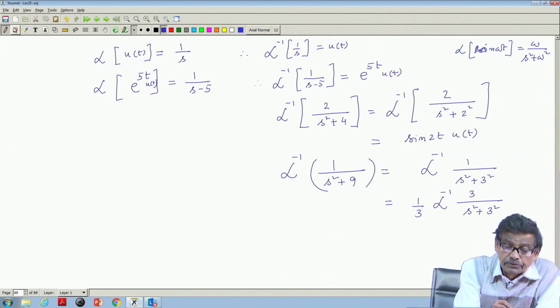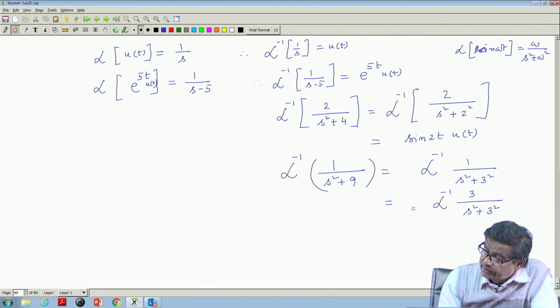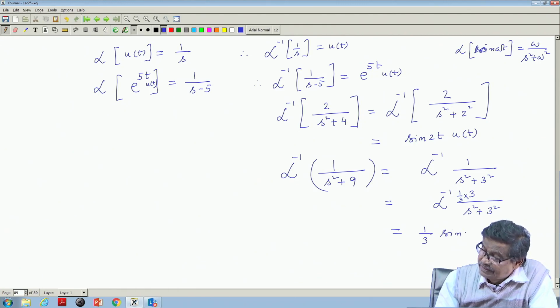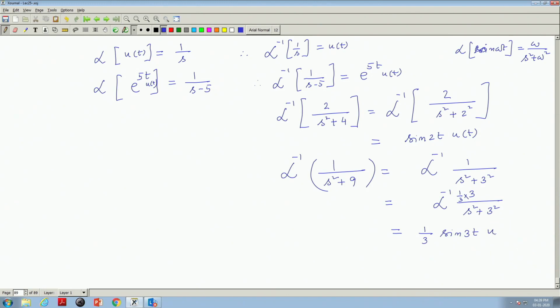What I am doing here, I must bring this 3 on the top, so I multiply with 3 and divide with 3 in the numerator. Then I will say this is the Laplace transform of 1/3 sin 3t into u(t).